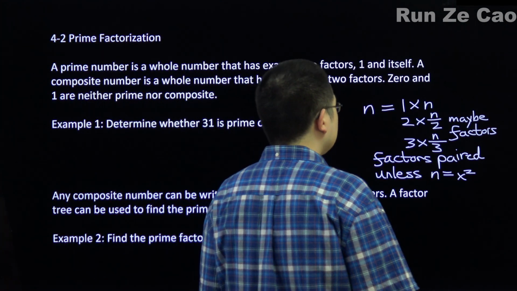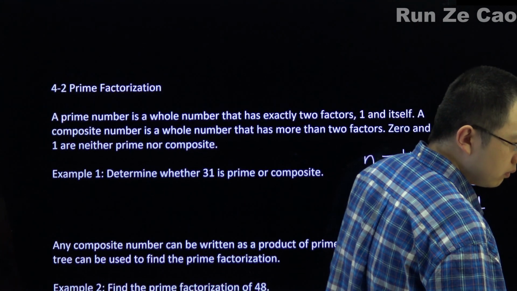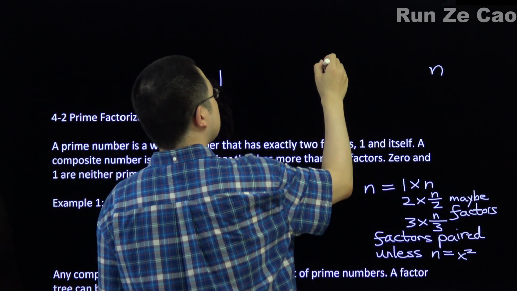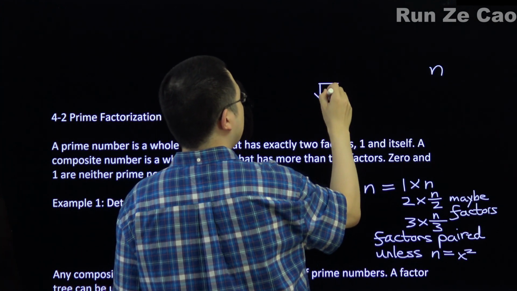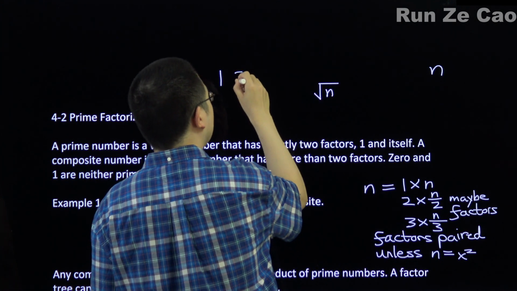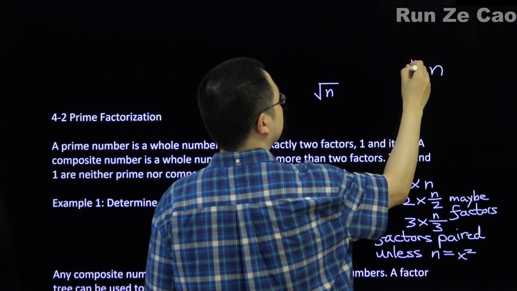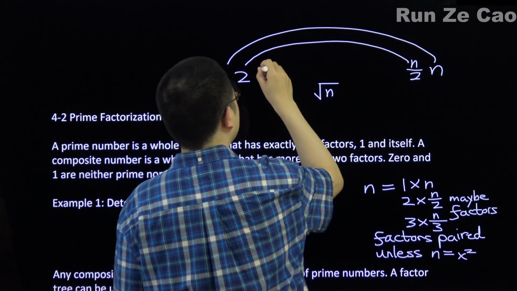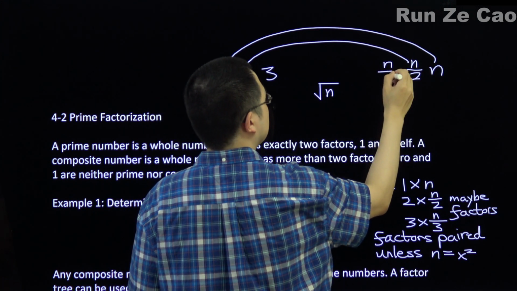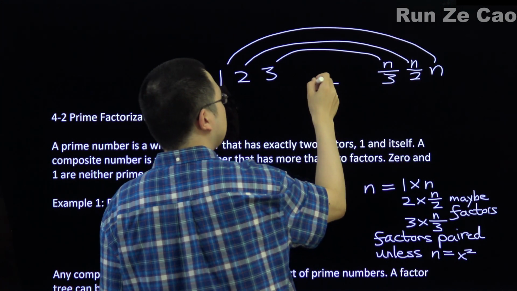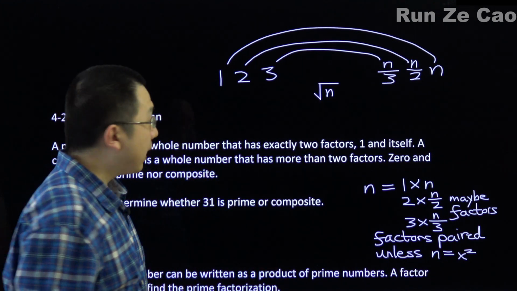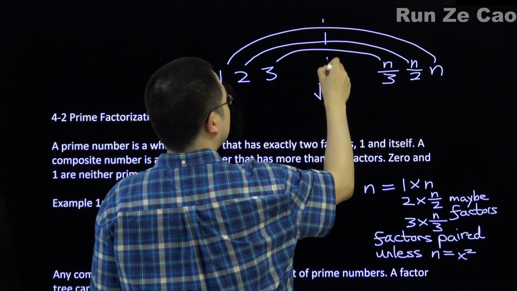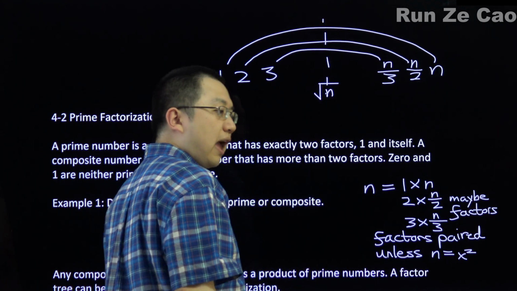That means you go 1 and n, and then, well, square root n may or may not be involved, like 2 and n over 2. So you pair them up, and you may or may not get a square root n in the middle, but they're paired up across where square root n is.